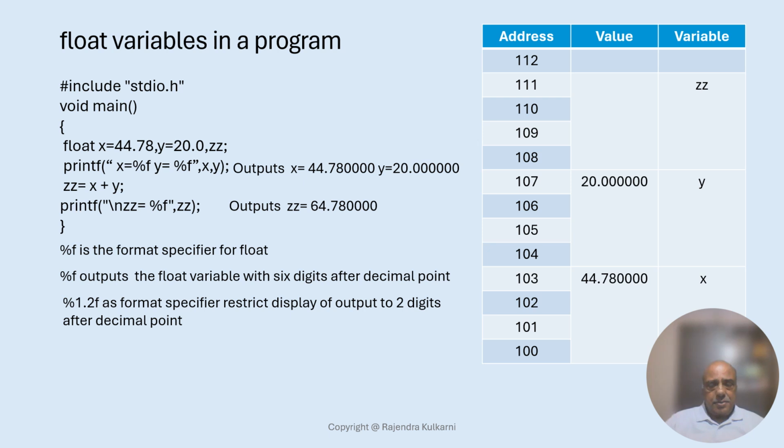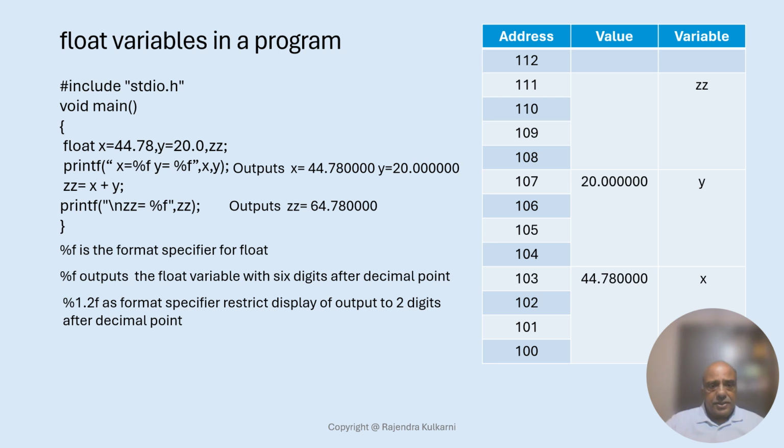These are the memory locations allotted to the float variables. x gets some value, whatever has been assigned to it. y stays in 4 bytes, whatever the assigned value is. In the beginning, ZZ will not have any value, it will contain garbage value.